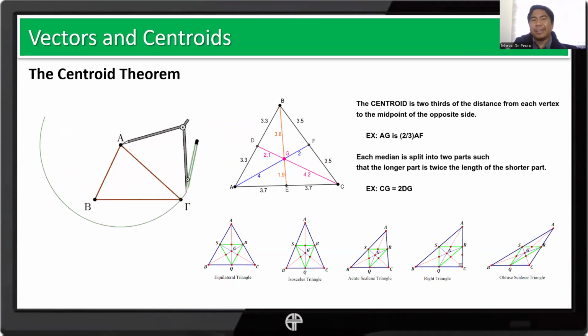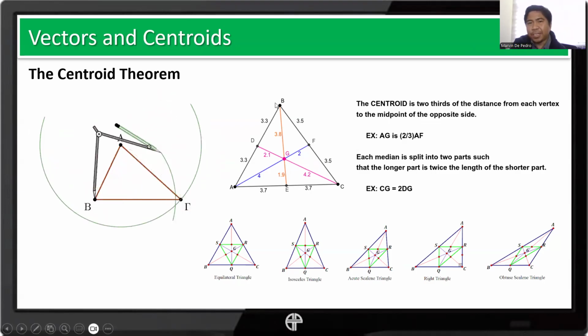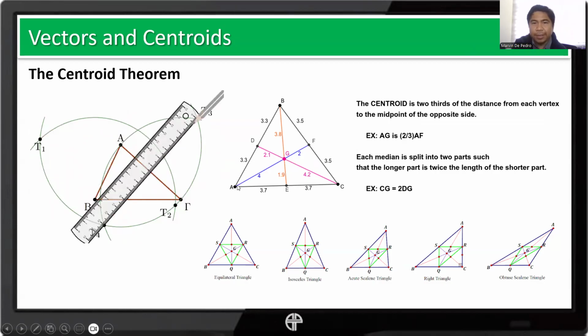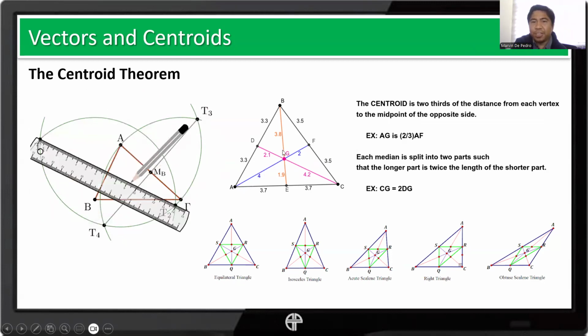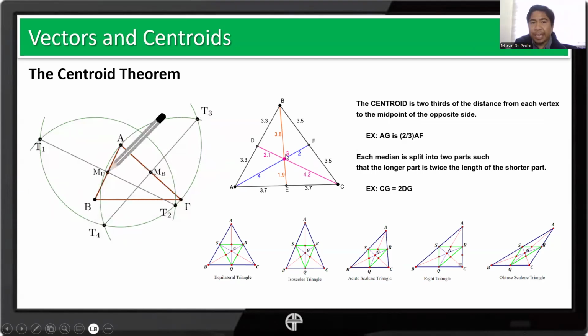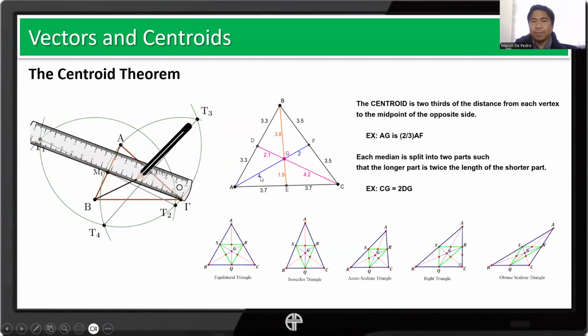For this example, we have this triangle and the side AG. Where's letter G? G is at the center. Side AG is two-thirds of the side AF.